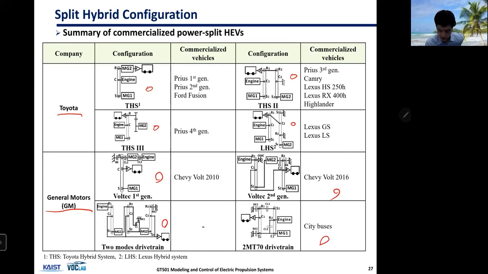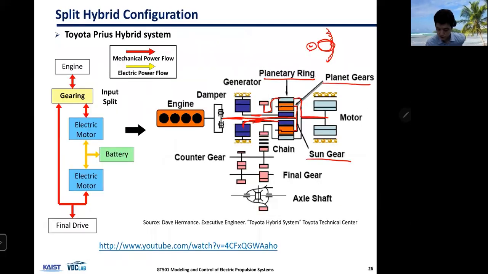And if you think about it, that's very natural. Compared to parallel hybrid or series hybrid, there was not that much freedom when it comes to architecture or design. But here you have four components: engine, generator, motor, and the final gear, or wheel.